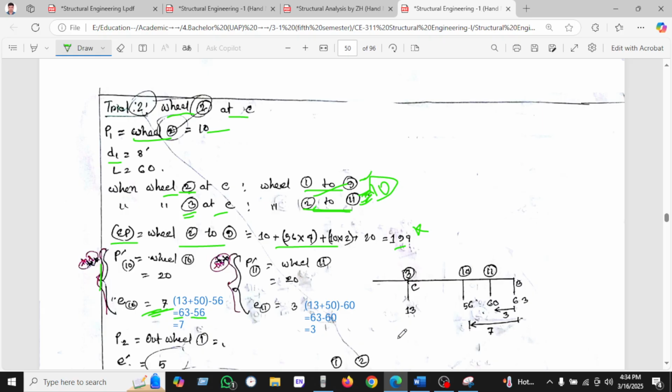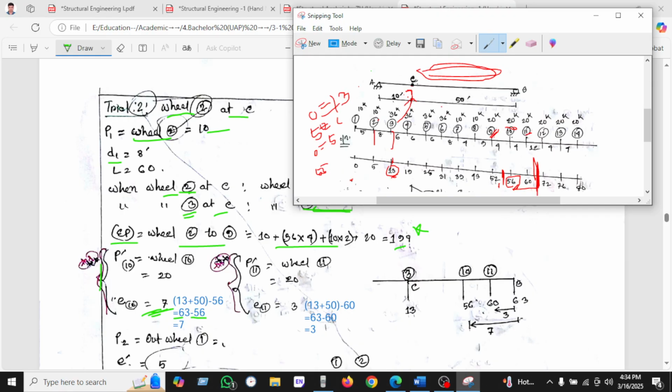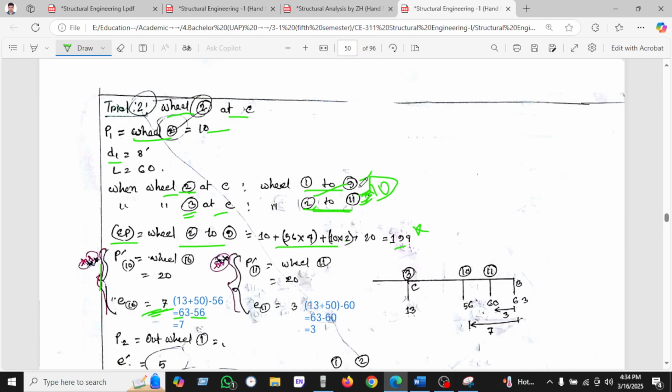Okay, so let's see another, which is wheel 4. We have seen here, sorry, it will not be wheel 4, it is wheel 3 at 3, but we can take another, which is 10.